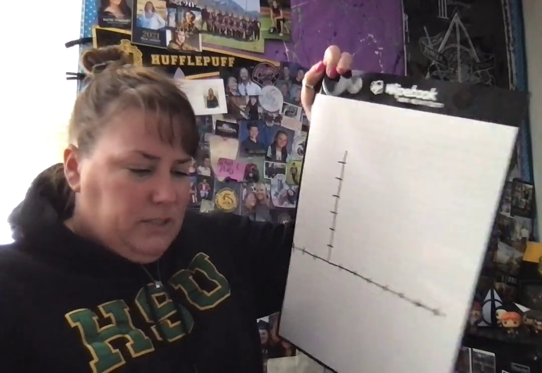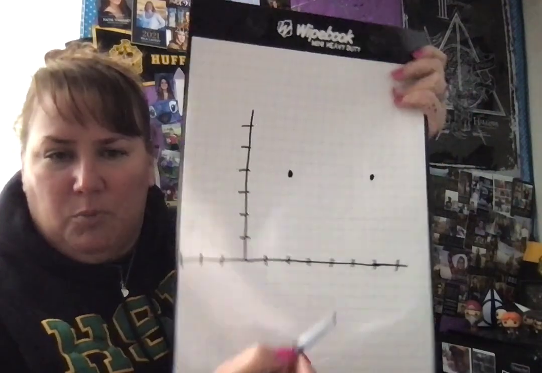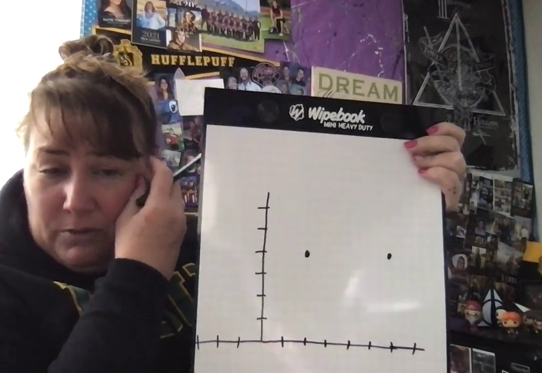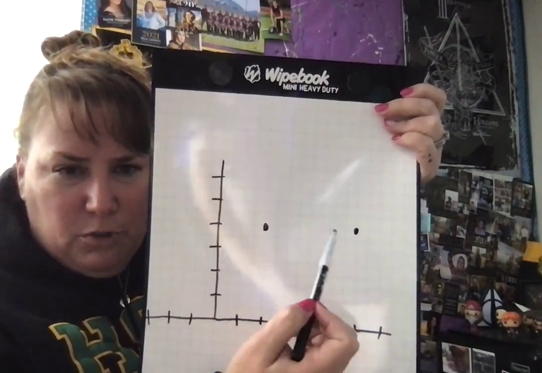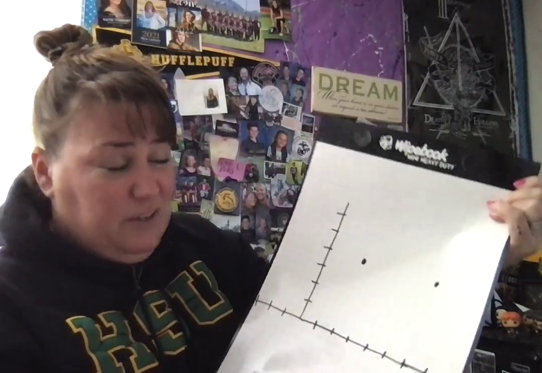And so we're just going to plot the points, (2, 4), so right 2, up 4. And (6, 4). The cool thing when you have your mirror points, especially on graph paper, is they should be right across from each other. If not, then you plotted them wrong.